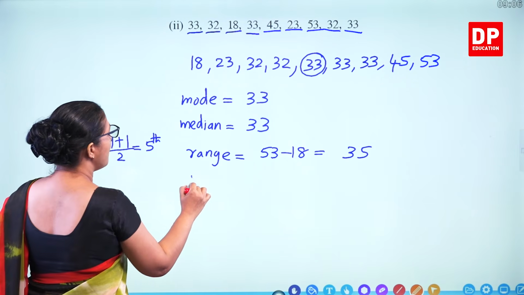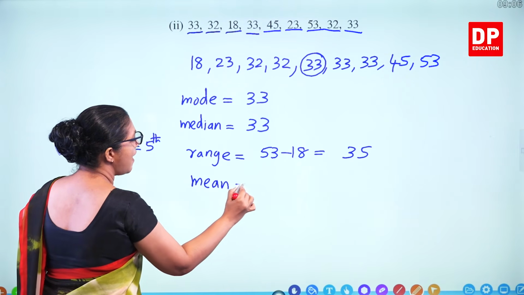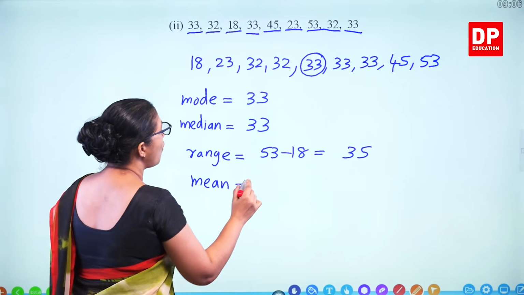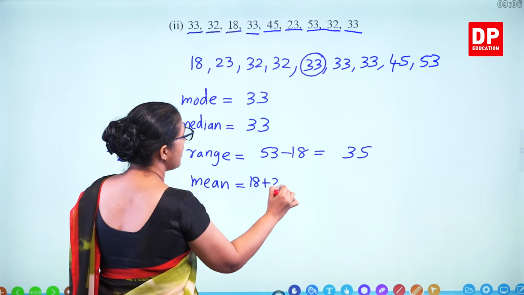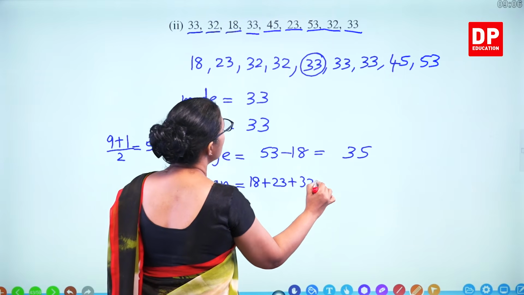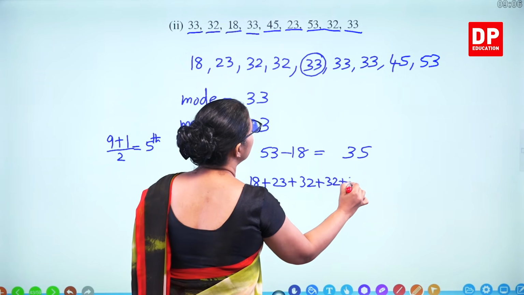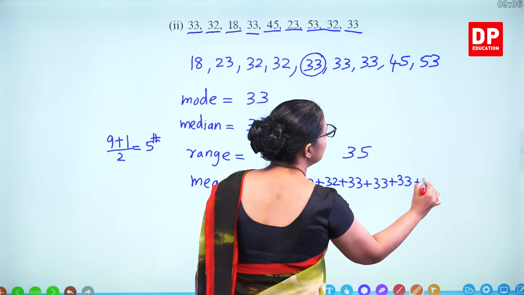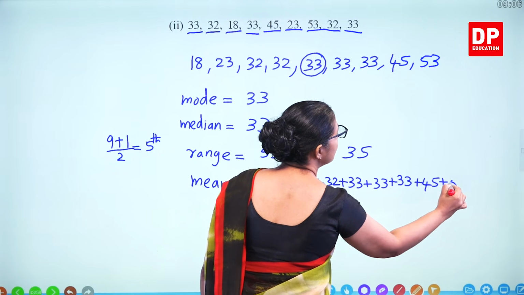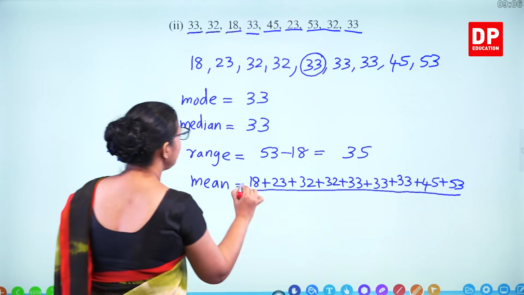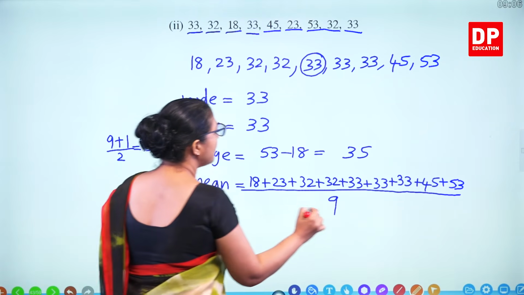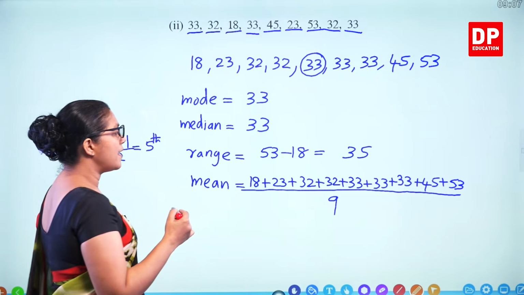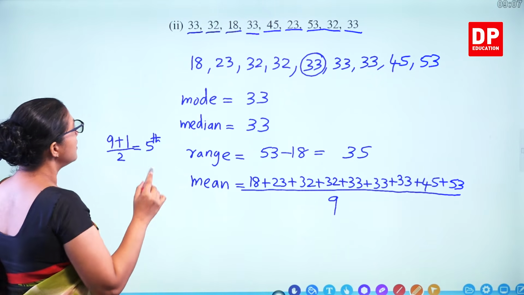And now the mean value is the average. Add everything. So total of all these numbers, 18 plus 23 plus 32. Add all these numbers. Divide by 9, as 9 numbers are there. 1, 2, 3, 4, 5, 6, 7, 8, 9. Divide by 9. Now we'll add 2 at a time.